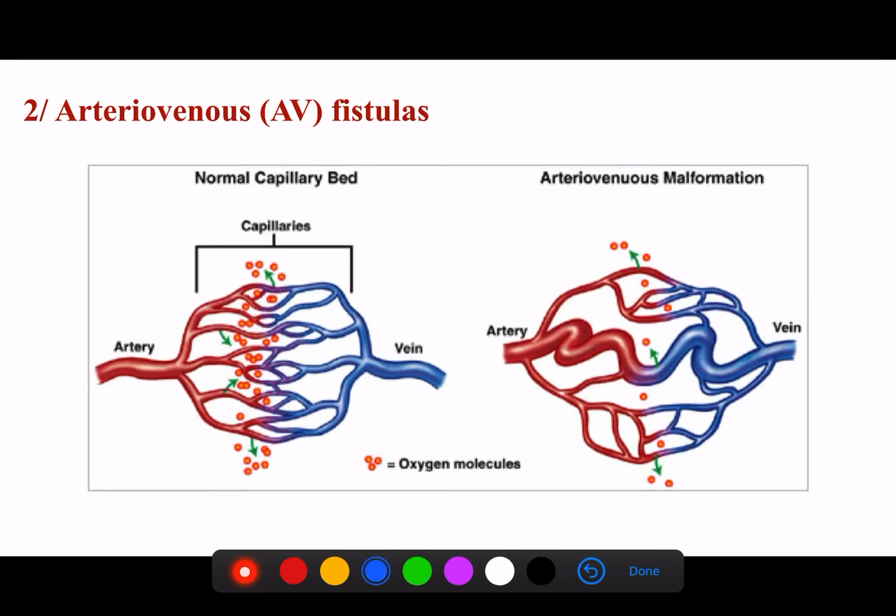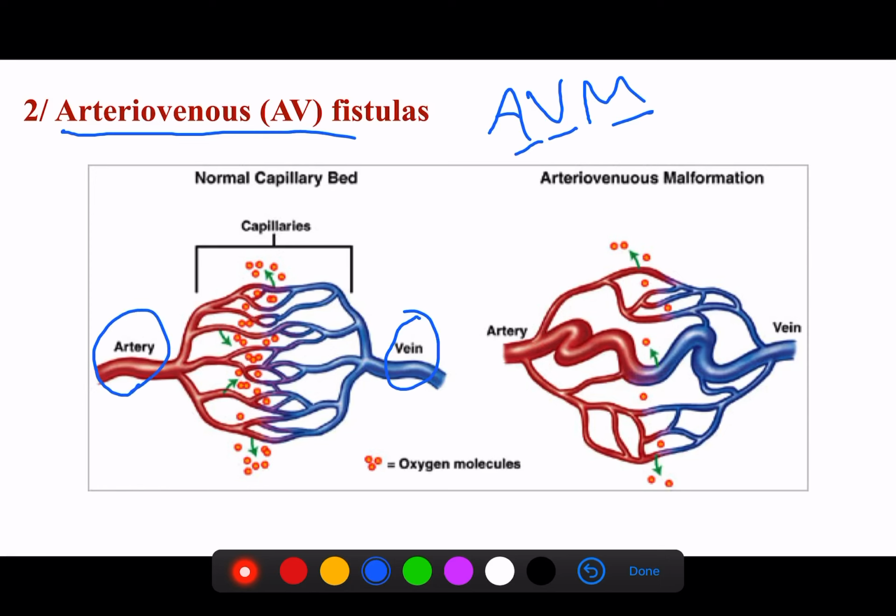The second congenital anomaly is called arteriovenous fistula or arteriovenous malformation, abbreviated as AVM. As we know, the vein and artery meet each other in the area called the capillary.